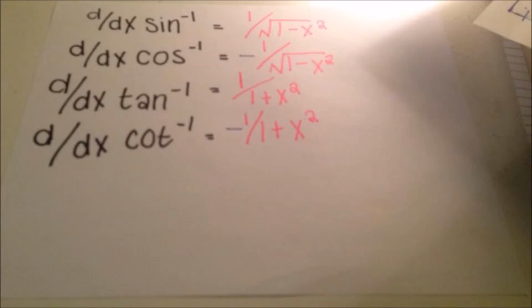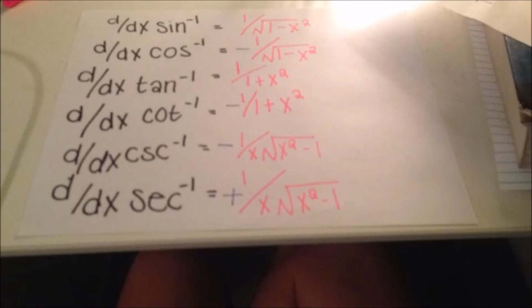Next, going over arctan and arccotangent, just like arcsine and arccosine, their derivatives are pretty much equal, except arccotangent is negative 1 over 1 plus x squared, and just like arccosine, arccotangent is negative, so remember, cotangent is always negative. Lastly, I want to go over arccosecant and arcsecant.